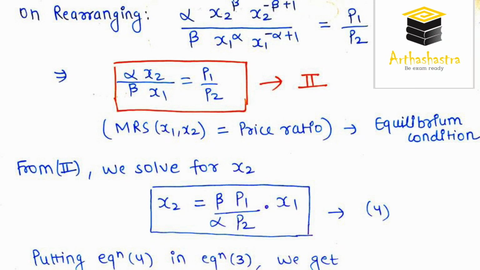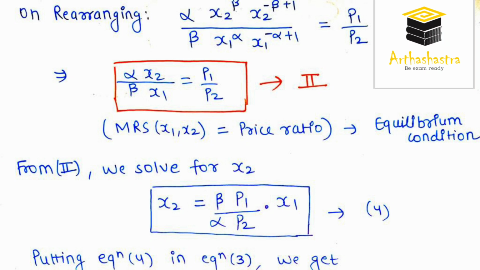Now this equation is of prime importance as it captures the equilibrium condition of consumer theory, which is nothing but the marginal rate of substitution of good x2 and x1 should be equal to the price ratio of the two goods, that is p1 and p2.